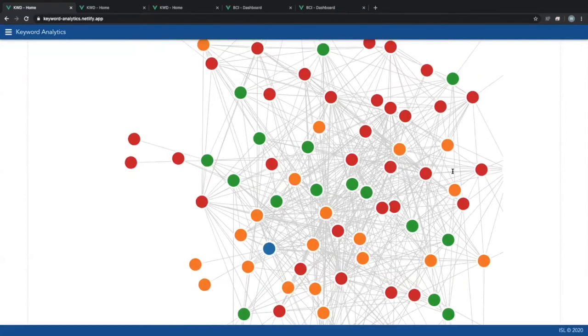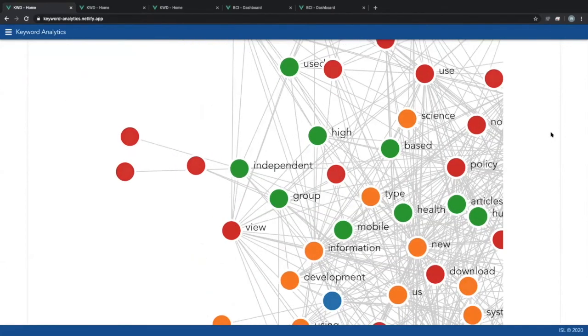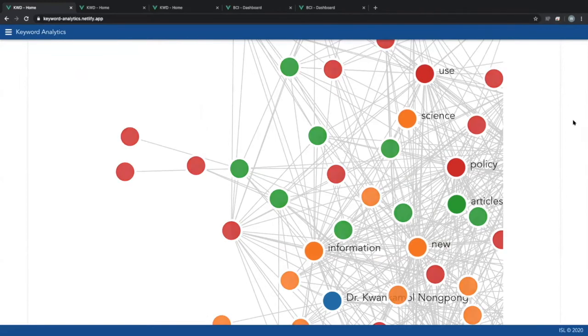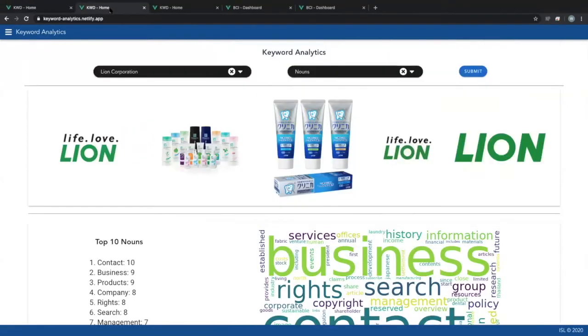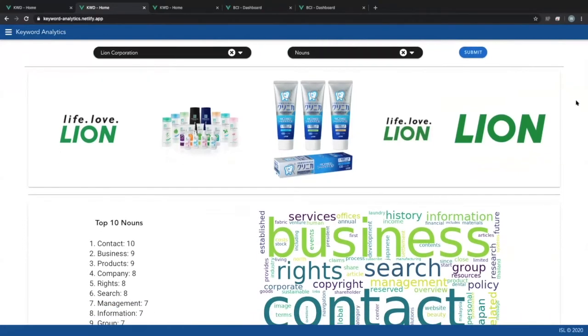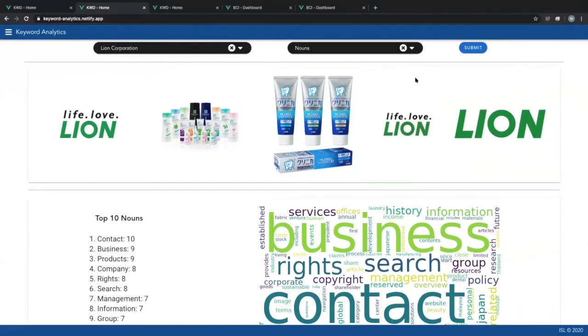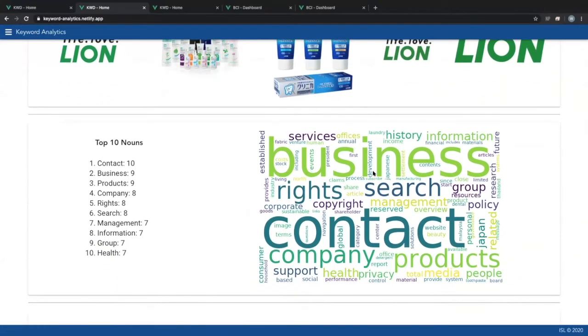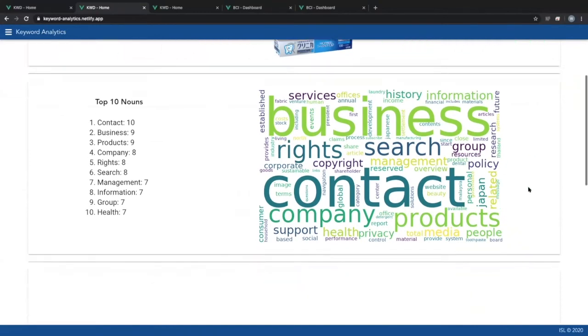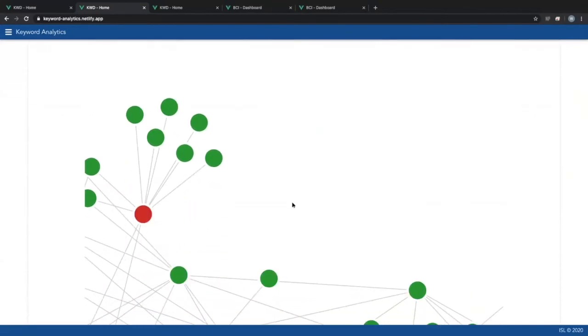And keyword analytics is not only for association with people's names, it can be brand or corporate as well. Here, we use Lion Corporation for our showcase, and it shows in the association images that this is Lion's product and business, and the network graph as well.